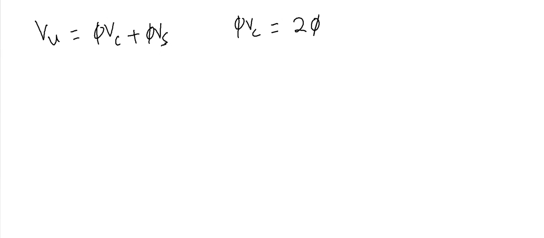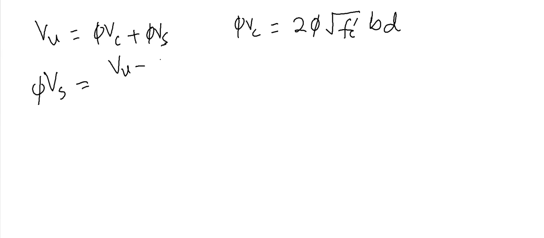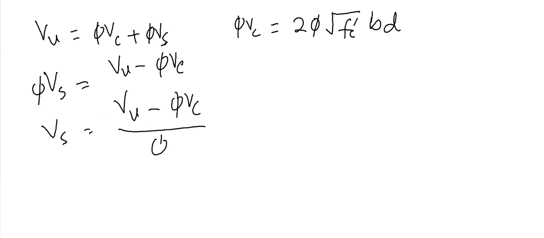I am not using the lambda anymore, so I am using plain normal weight concrete. If it is a lightweight concrete, you can use that, no problem. Then how much will Vs be? Phi Vs will be Vu minus phi Vc, and then Vs will be Vu minus phi Vc divided by phi.